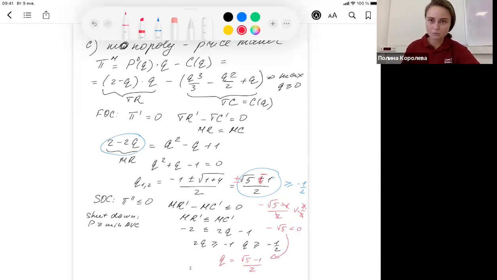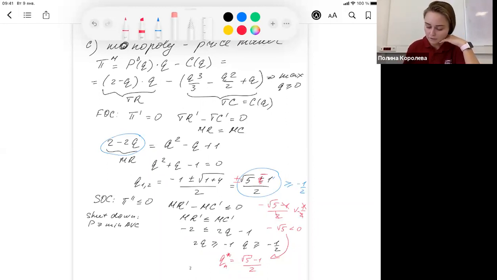But in any case we need to check this shutdown condition, since this is for the monopolist, the quantity that he will sell. Okay, let's continue in English. So, yes, thank you. We found the mistake, and we found that only one root we choose, only one root is greater or equal than -1/2, and this is the quantity that monopolist will produce.